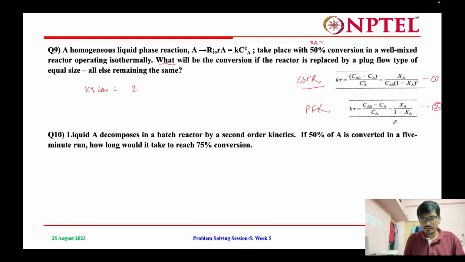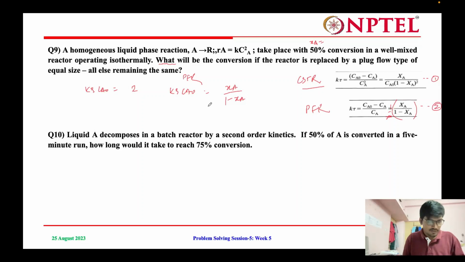Right. So K tau C naught for a PFR equal to XA by 1 minus XA.